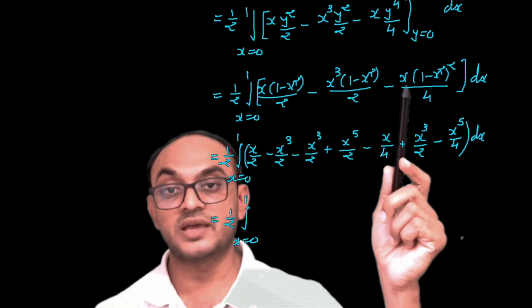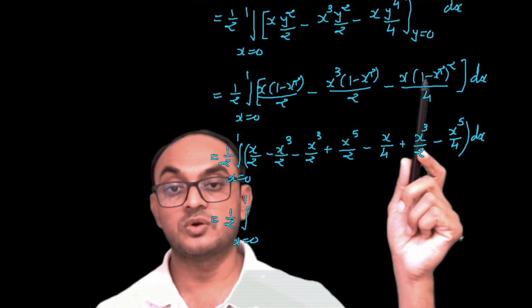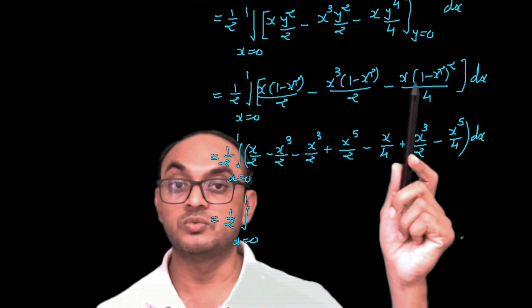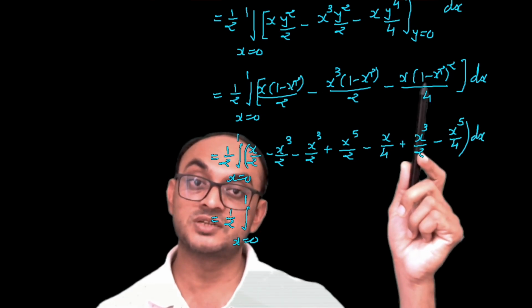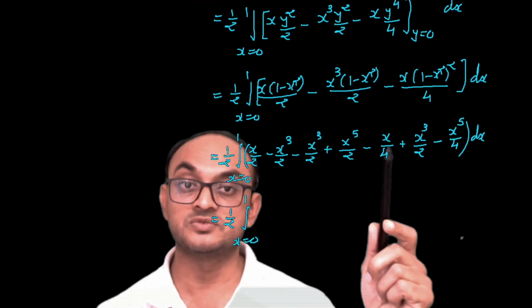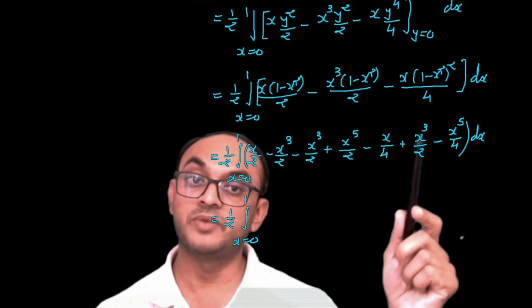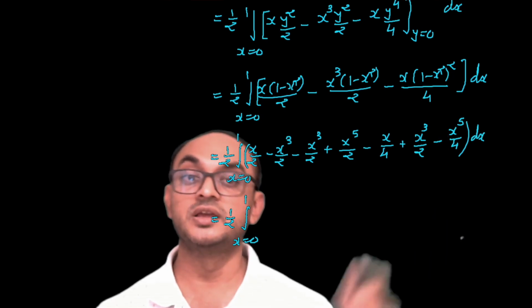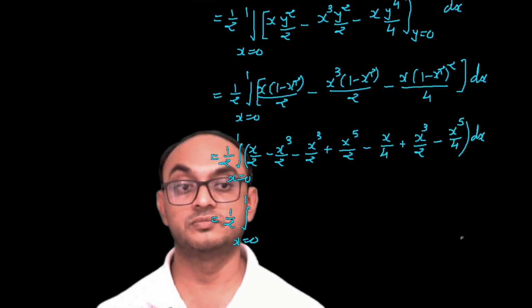Now minus x into 1 minus x square whole square is 1 minus 2x square plus x raised to 4, multiplied by minus x divided by 4, which gives me minus x by 4 plus x raised to 3 divided by 2 minus x raised to 5 divided by 4.